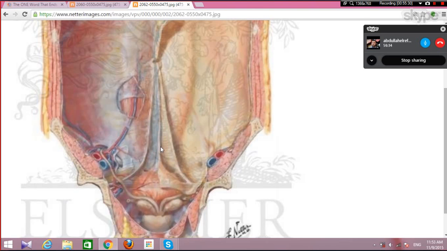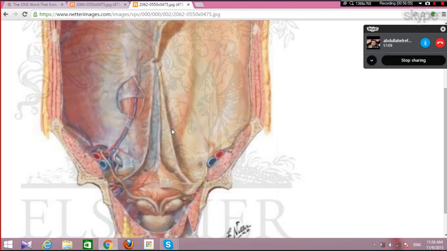This is an embryologic remnant of the urachus. The urachus connects the urinary bladder to the umbilicus. So the median umbilical fold is between the urinary bladder and umbilicus, and under the fold we have the median umbilical ligament, which is a remnant of the urachus. Clear?